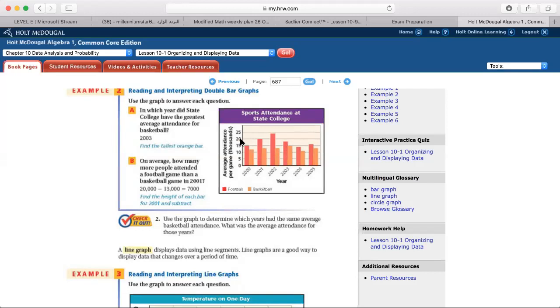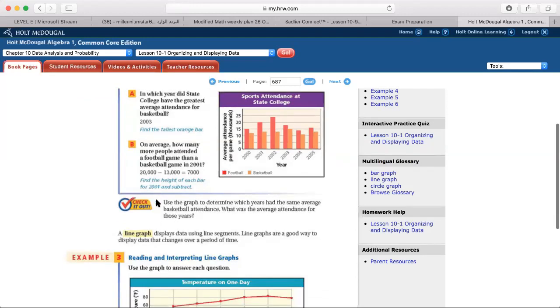The football is 20, but it's not 20 only, it is 20,000. And the basketball is between 10 and 15, so let's call it 13. So it is 20,000 minus 13,000, so it is 7,000. Okay, girls?